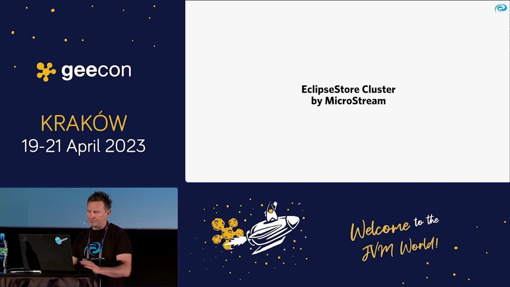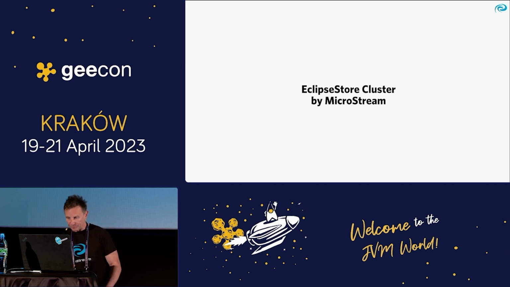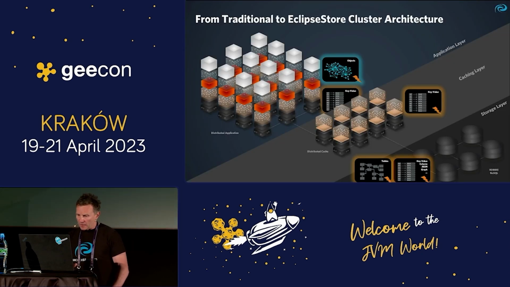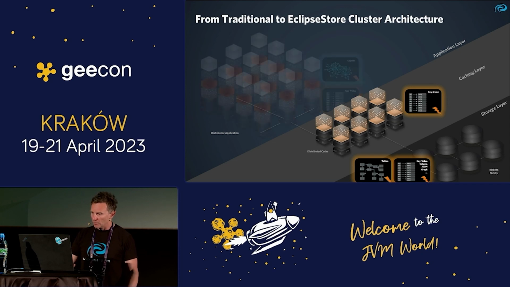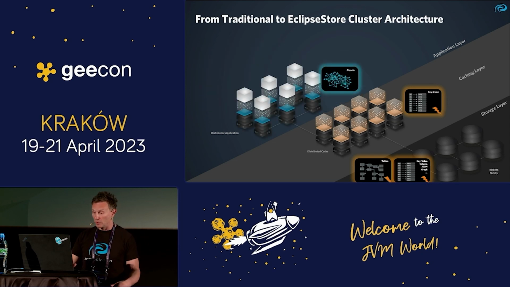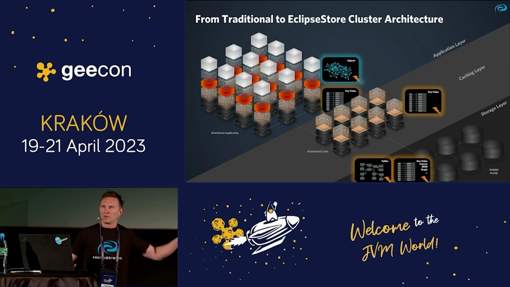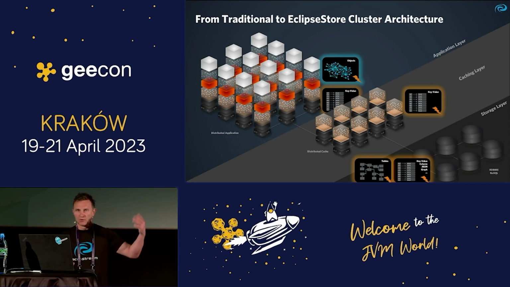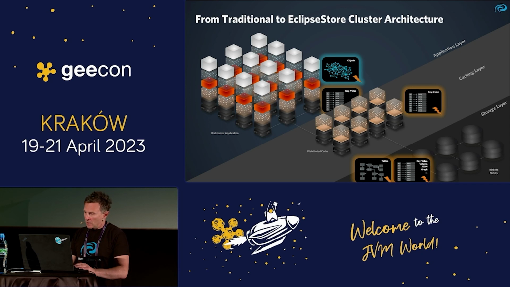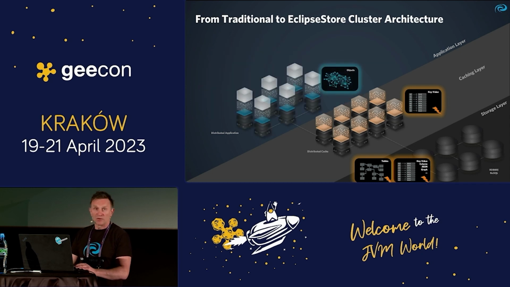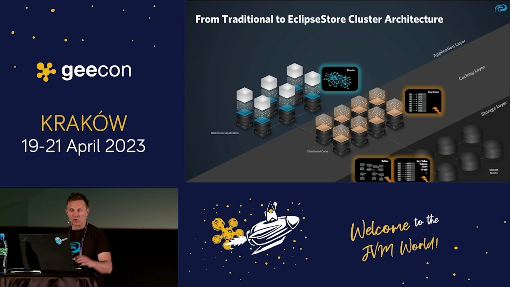What about distributed apps with EclipseStore? Again, this is our traditional application architecture we see in many use cases. And by the way, sometimes there is an additional Elasticsearch cluster, right? Just for searching. By the way, with Java streams and Lucene in combination, we don't need a search cluster anymore.